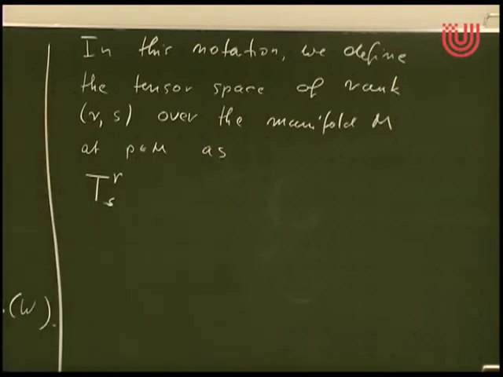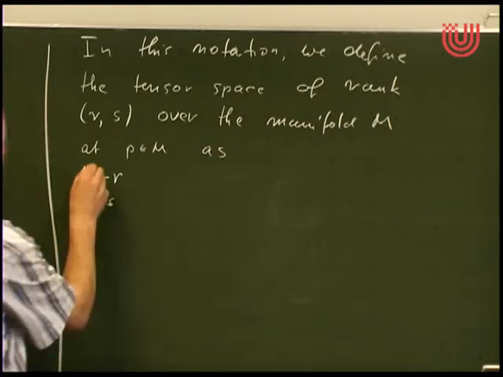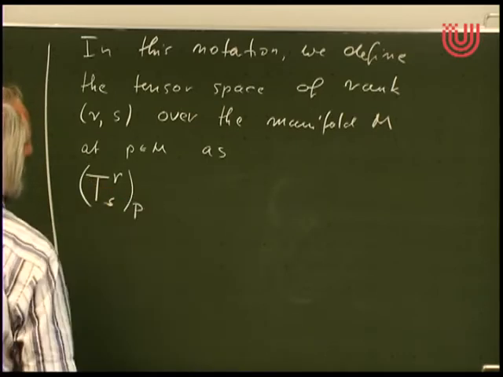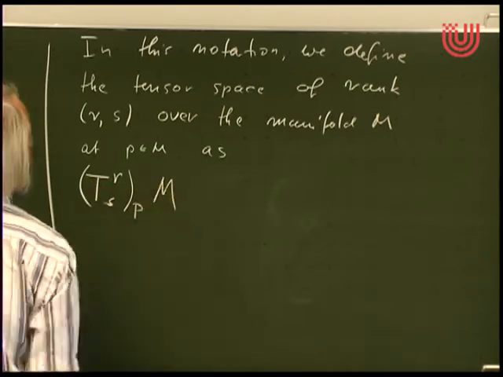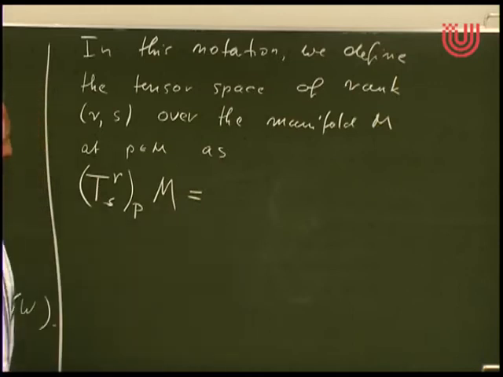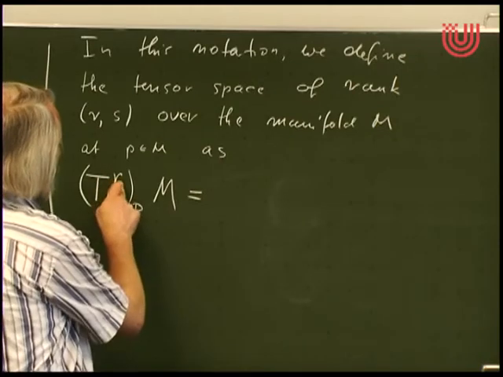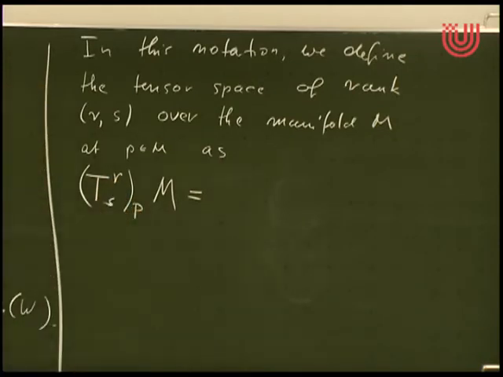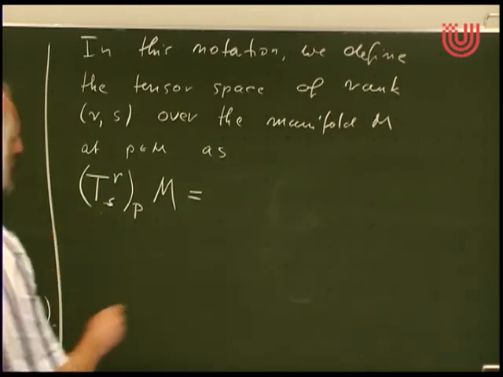It has two indices, r and s, the two numbers which give the rank. I am at the point p, so I put this as a foot point, and then the M. And it's defined as what? I have r times T_pM multiplied together in the sense of the tensor product, and s times the dual space.